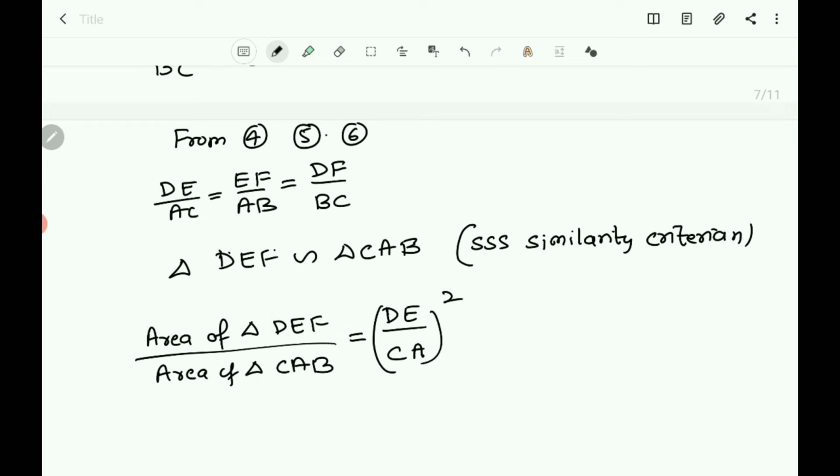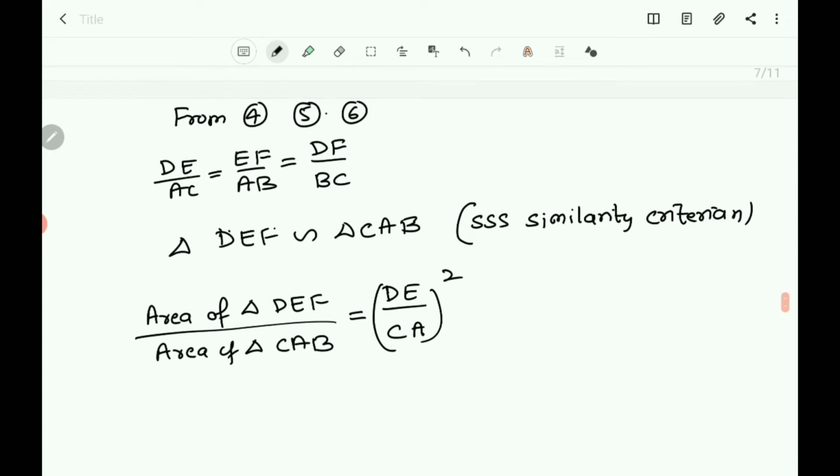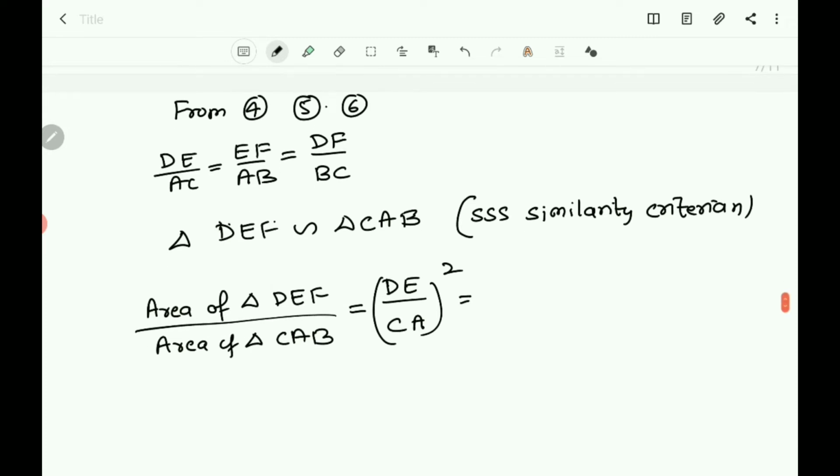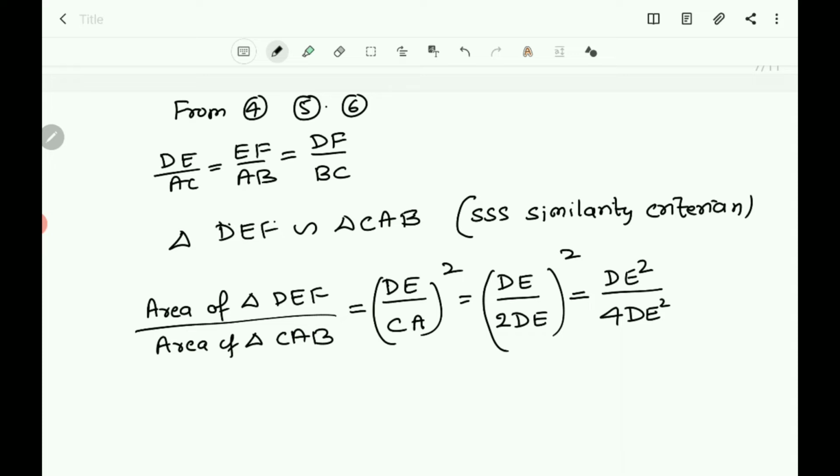DE by CA, that is AC, equals 2DE, so (DE by 2DE) whole square. That equals DE square by 4DE square. Here DE square cancels, so it becomes 1 by 4.